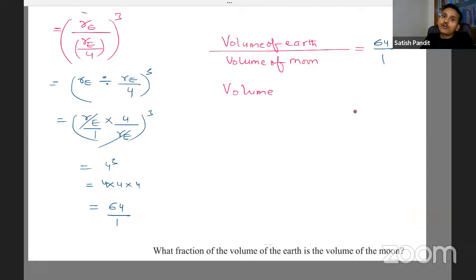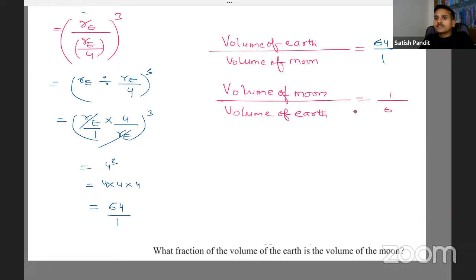See, I'll take reciprocal. So volume of moon by volume of earth is 1 by 64. Just take reciprocal. Okay. So what will be volume of moon?